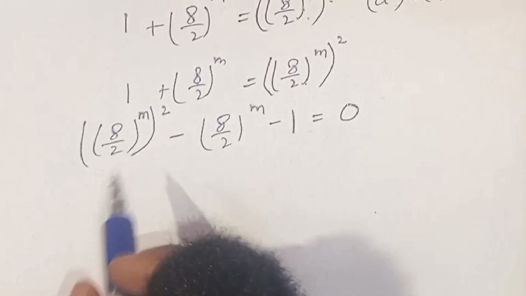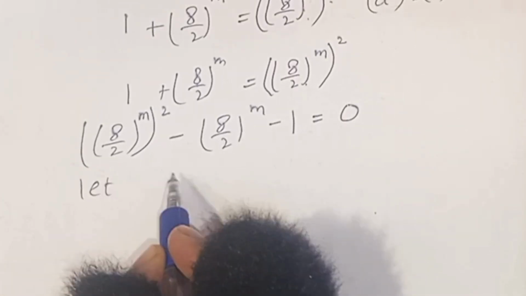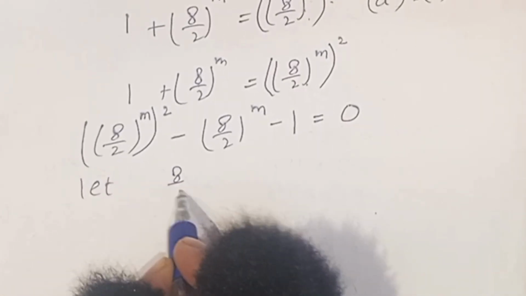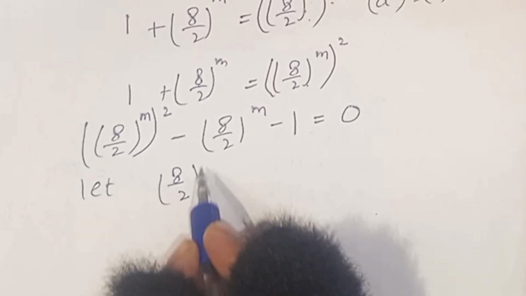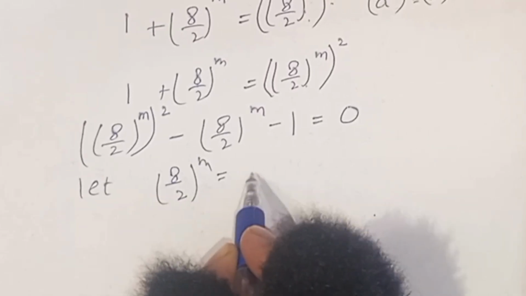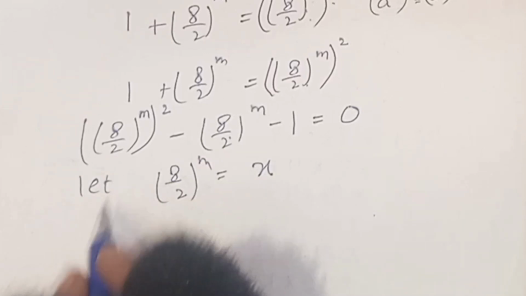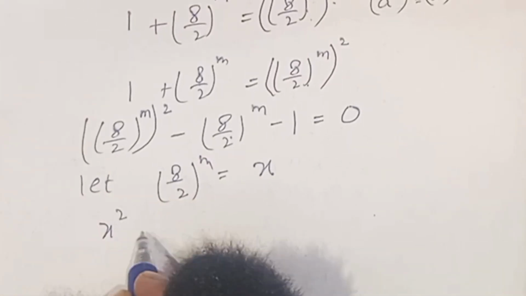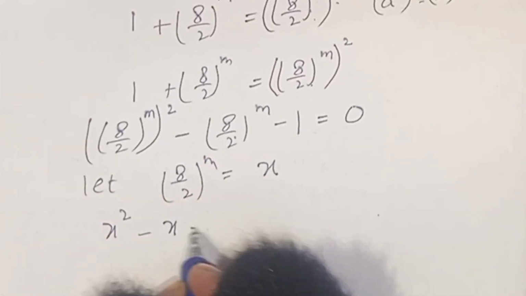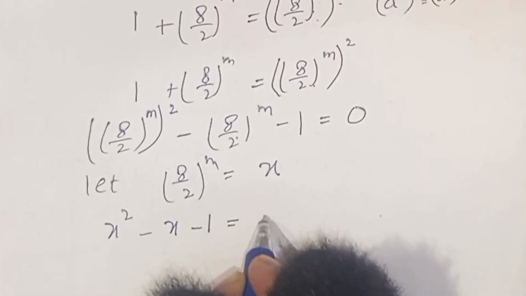Now in the next step we let that (8 over 2)^m is equal to x. Then the above equation will become x square minus x minus 1 is equal to 0.